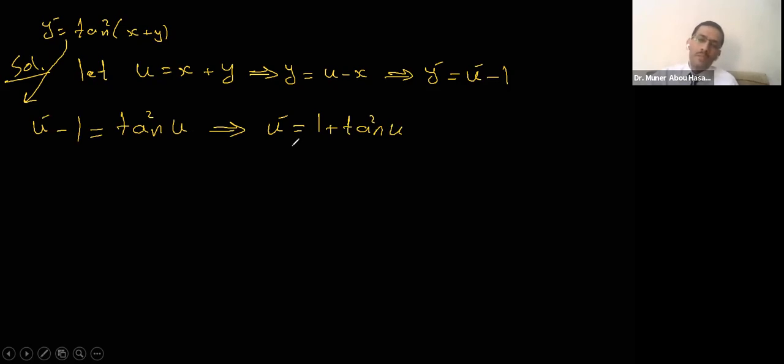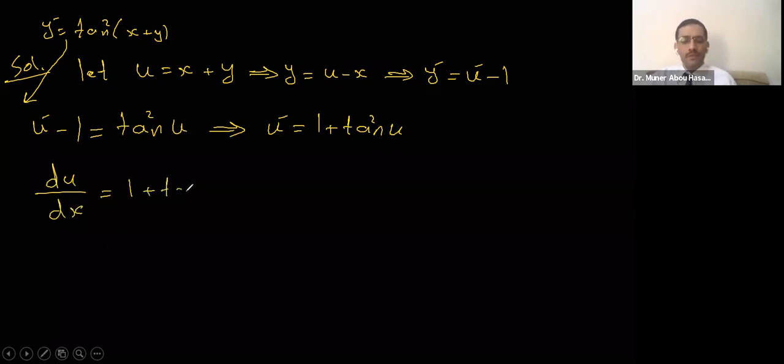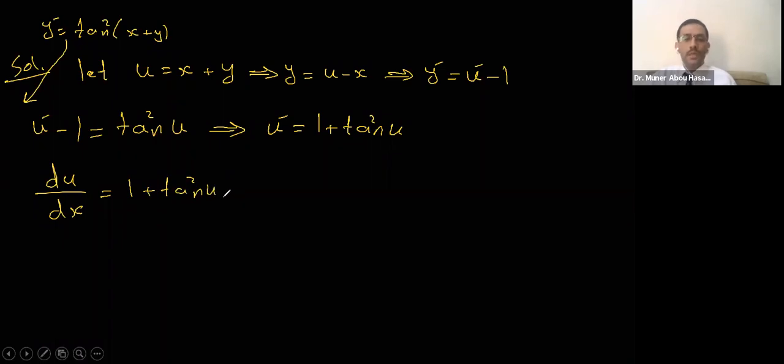So u prime, it is du over dx, equal 1 plus tan squared of u. And now I'm going to separate the variables. So I will get du over 1 plus tan squared u equal dx. So here I divide by 1 plus tan squared and multiply by dx.